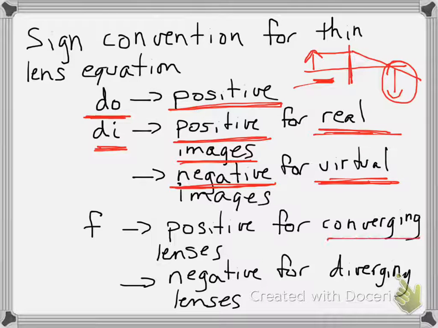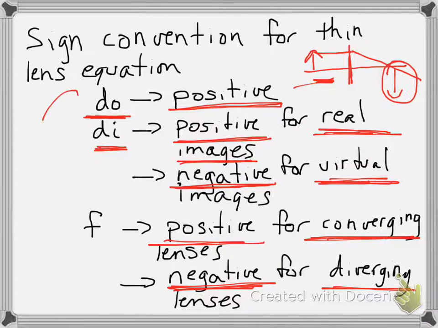Focal length is also important. If you're looking at a converging lens, which is a lens that we've been using in the lab, so it's really bubbled on both sides, which is called a double convex lens, then that focal length is positive. If it is a diverging lens, which means it dips in the middle, so it's a double concave lens, then we would say that it is negative.